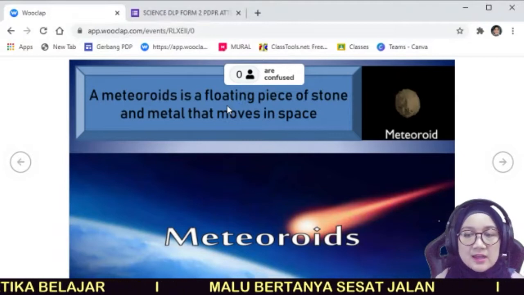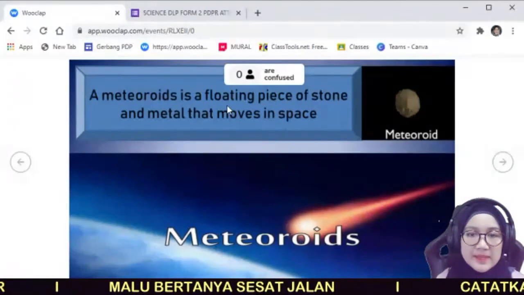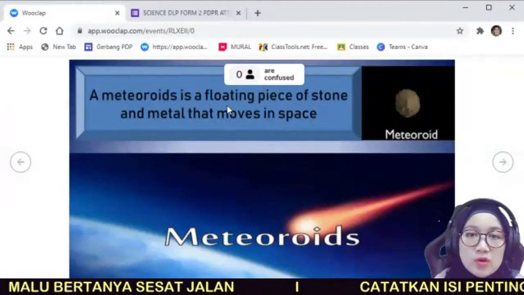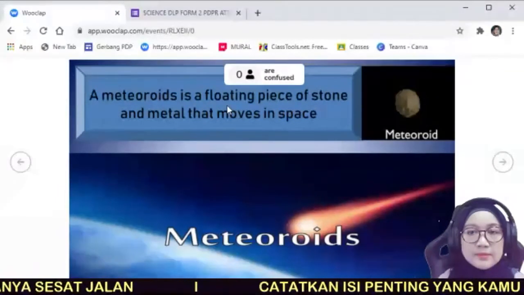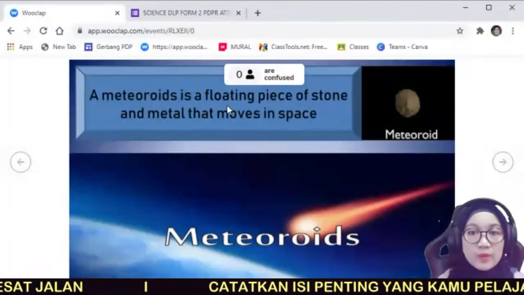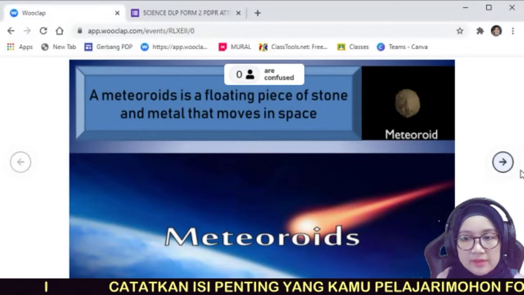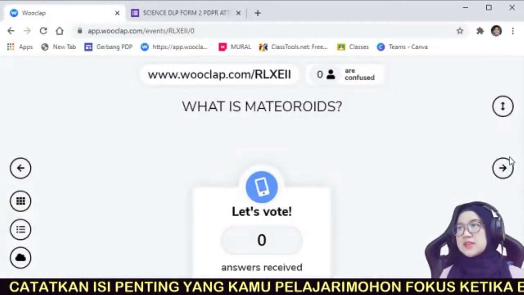However, in another way, they can reach the Earth or also other planets. How? The thing that we are going to learn today is how this meteoroid can be found on Earth, and why it can be found on Earth. So let us begin with this.